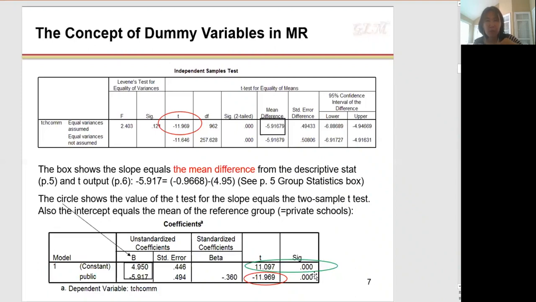You might wonder why statisticians do it this way, because you already know the private school mean is this, and the public school mean is this minus this. So you already know the two different types of schools' means are different. Why do you do that?